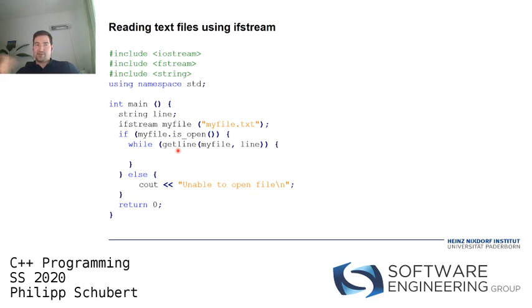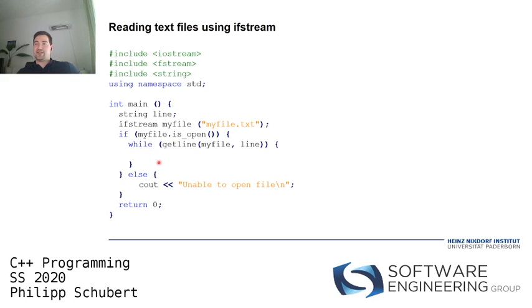I mean, it makes sense because the function is called getline, so it will get one line at a time. And then you can do some stuff with that line. The line will be stored in that string. And the return value of getline is used to make such while loops possible.